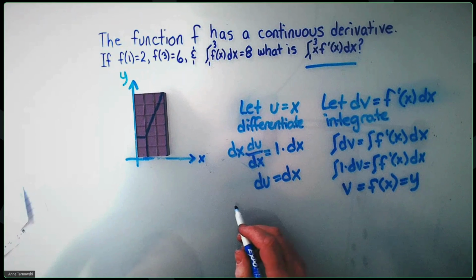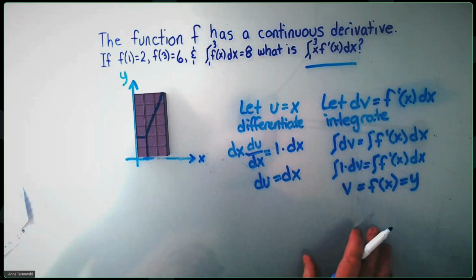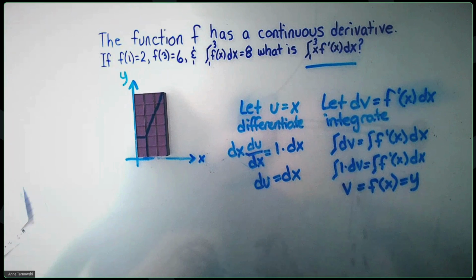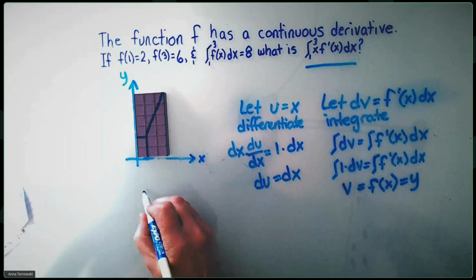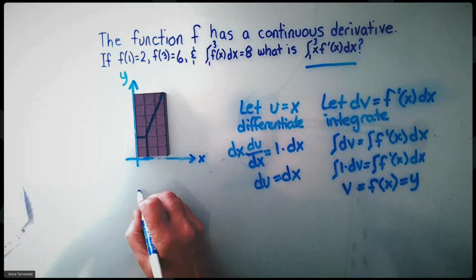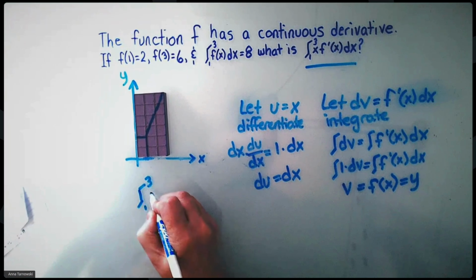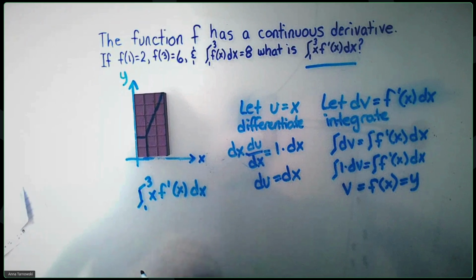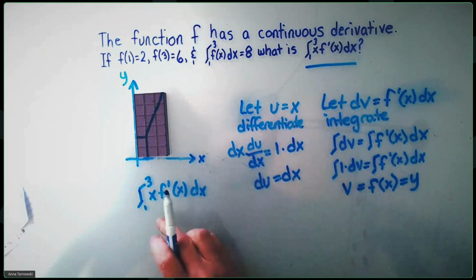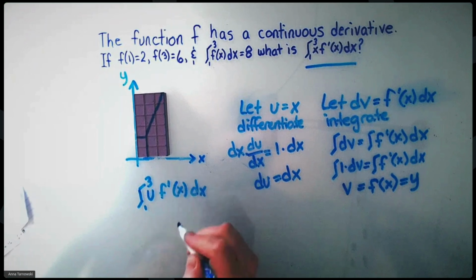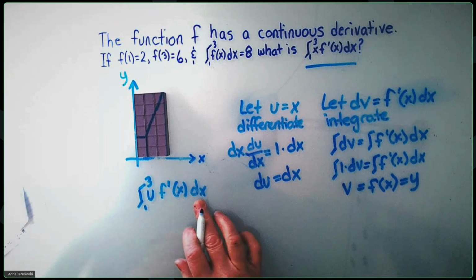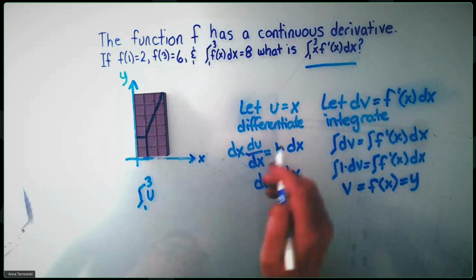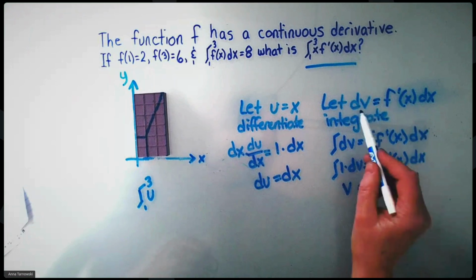So now what we're going to do is take all this information and rewrite this in terms of all this. So if we take the integral from 1 to 3 of x, f prime of x dx, then you can see that u equals x, so we can just make a u here. And f prime of x dx, so then we just put f prime of x dx is dv.